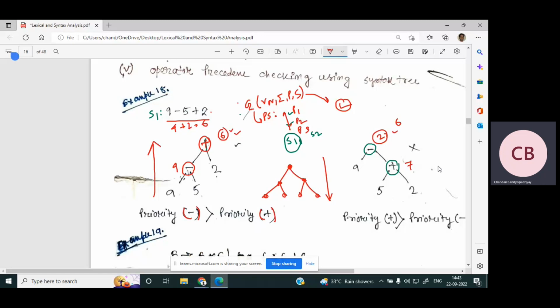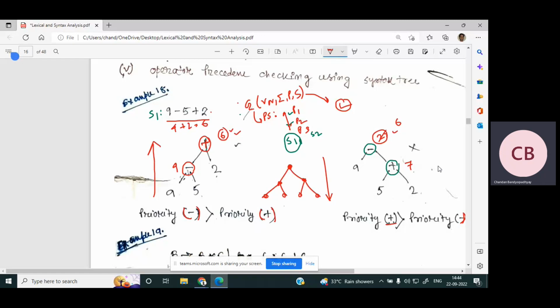Now, the first objective is the priority of operator. You can define which operator has the highest priority. Now, if I assume that instead of 2, I was getting 6, and here the priority of minus is greater than the priority of plus, and here the priority of plus is greater than the priority of minus.